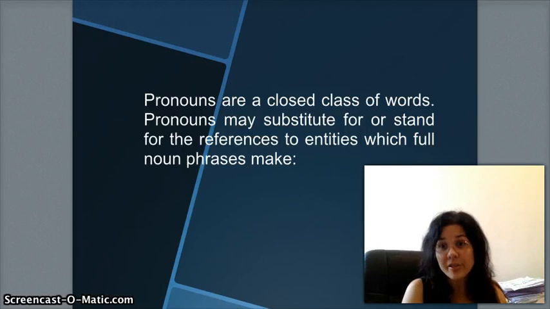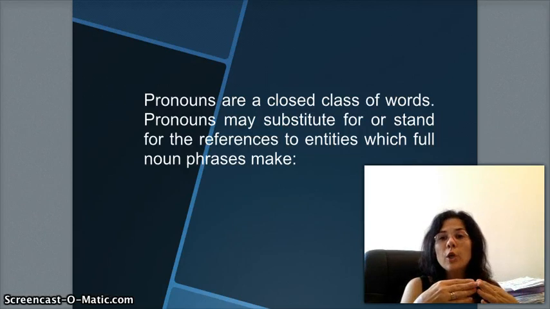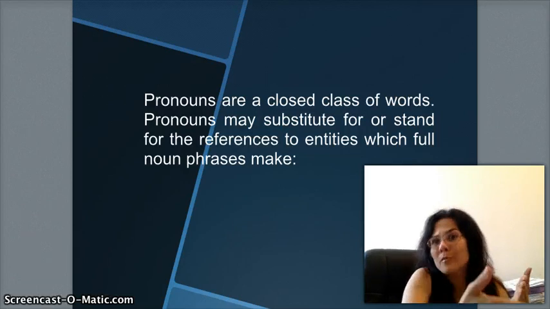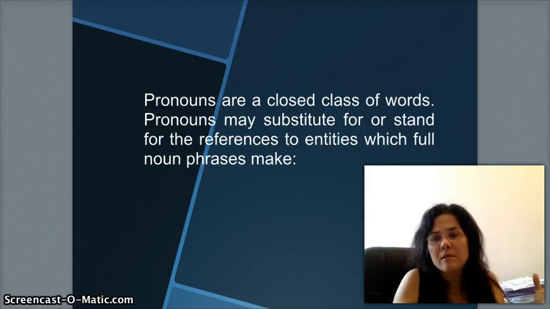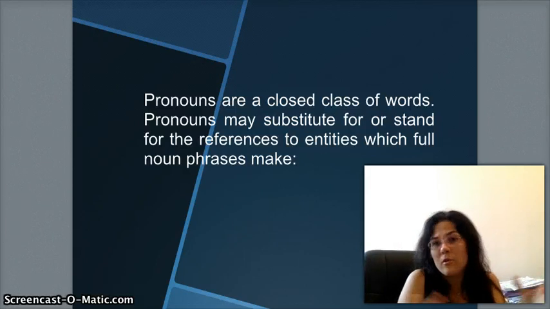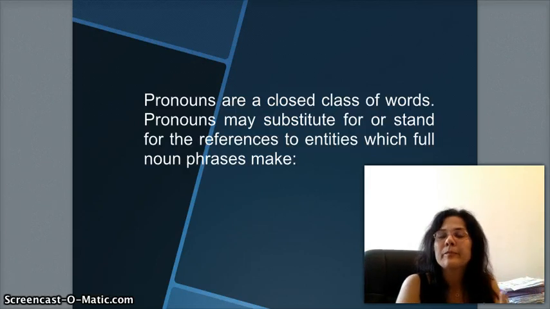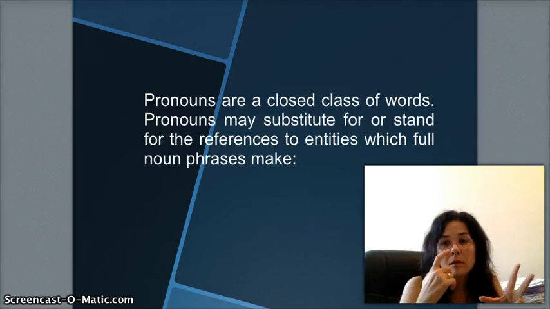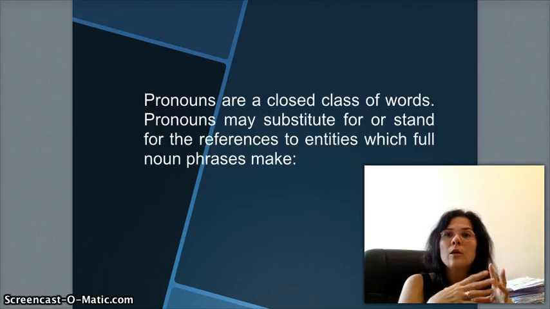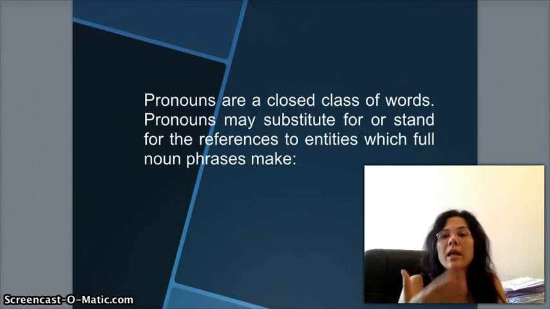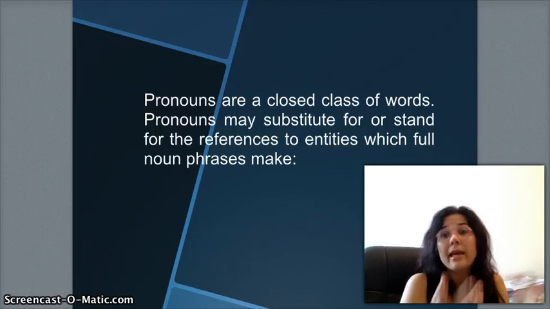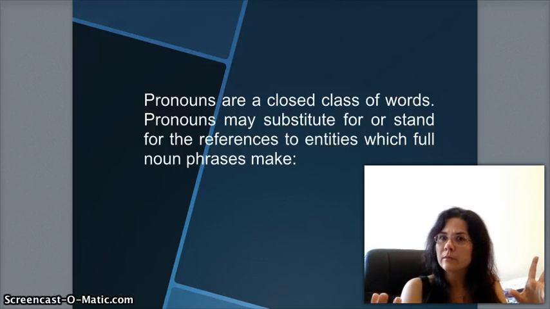From nouns, for example, we don't add, we don't insert new pronouns. We don't create new pronouns every day or every now and again. But if we consider nouns, we realize that we can create a noun every now and again.